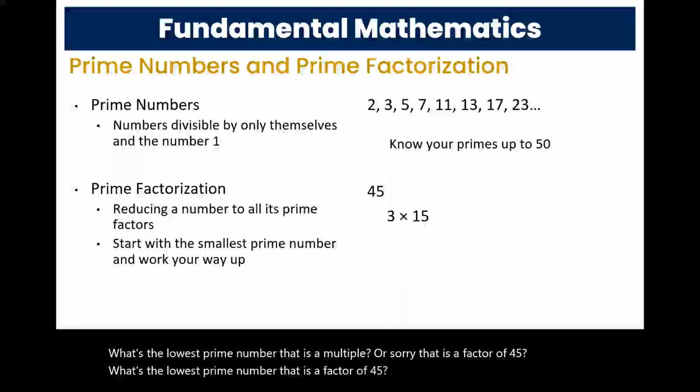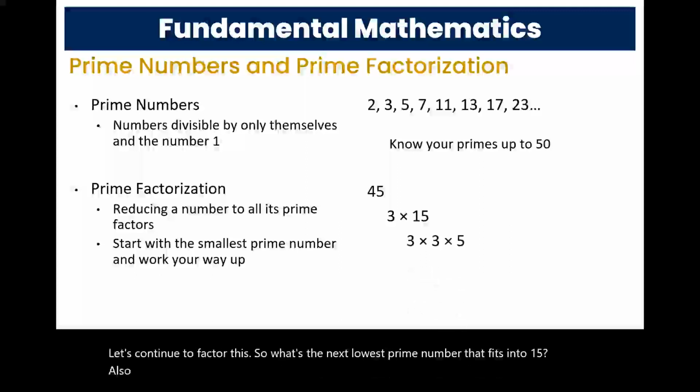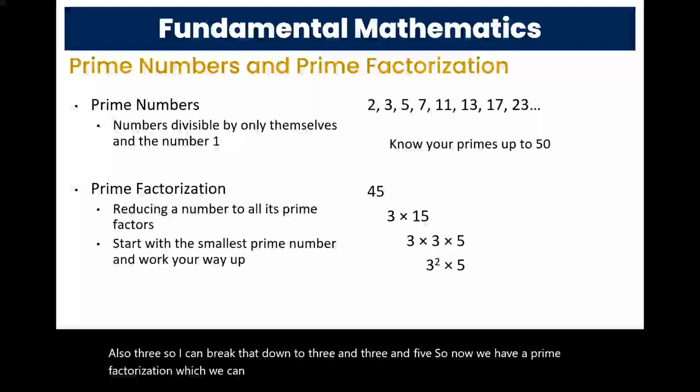So I can take a 3 out of this and I'm left with 3 times 15. Let's continue to factor this. What's the next lowest prime number that fits into 15? Also 3. So I can break that down to 3 and 3 and 5. So now we have a prime factorization, which we can rewrite as 3 squared times 5.